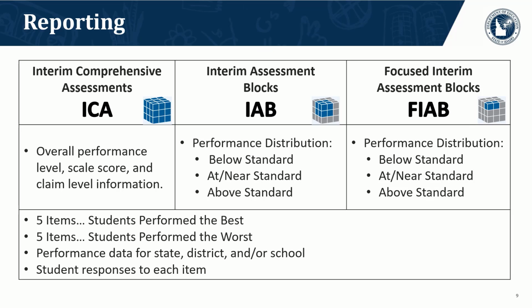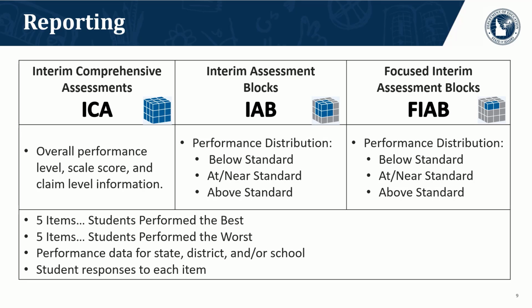Before we get too specific, I want to give a high-level overview of the data that is reported out for each type of interim. First up is the ICA. Because the ICA assesses a full range of targets, an overall performance level, a scale score, and claim level performance data is reported. For the IABs and the FIABs, performance distribution results are given.